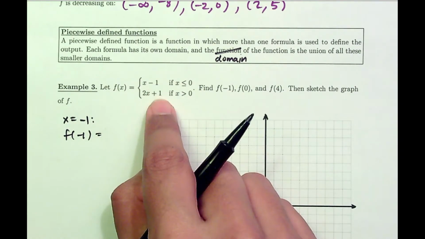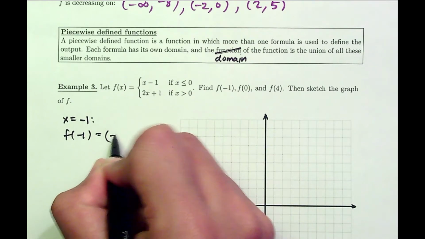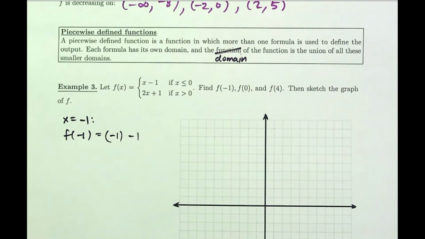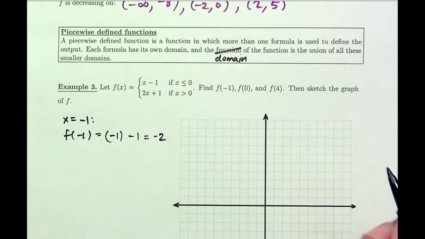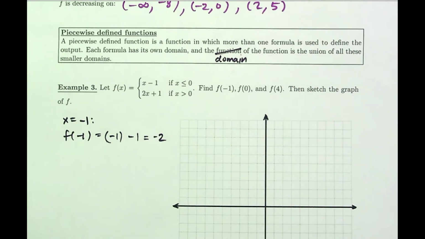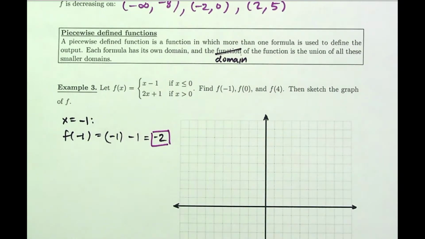The other part, I ignore it. So I'm going to plug in -1. In this one, it says -1 minus 1. -1 minus 1 is -2. So that means f of -1 is -2. Okay, that's it.